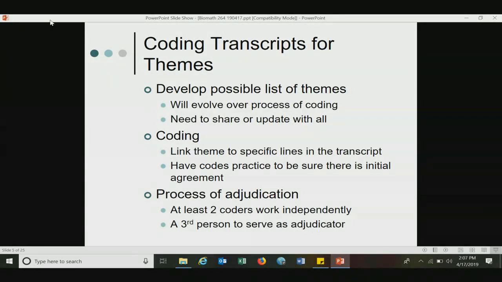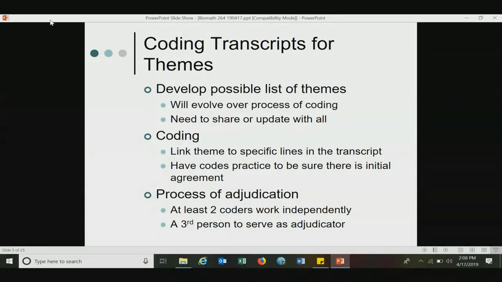So there were some interviews that we did with people who had tried to institute an intervention in their clinical practices. And so we had 2 people who did the codes, then all 3 of us got on the phone together, and I served as the adjudicator.